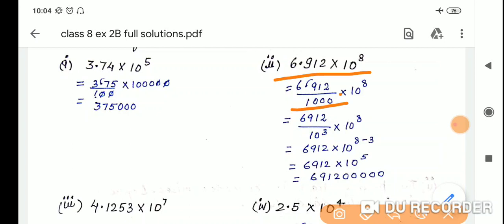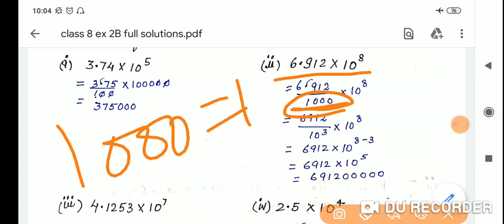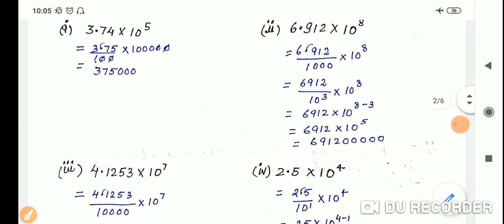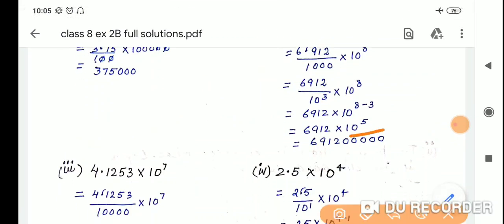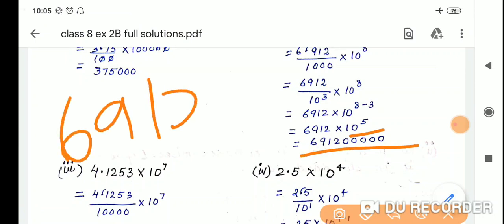So 6912 by 10 raised to the power 3, we can write 1000 like this, 10 raised to the power 3. Clear? Into 10 raised to the power 8. So 6912 multiplied by 10 raised to the power 8 minus 3. Clear? So here 6912 into 10 raised to the power 5. 8 minus 3 is 5, and then you can write the zeros: 6, 9, 1, 2 and 5 zeros. 1, 2, 3, 4, 5.